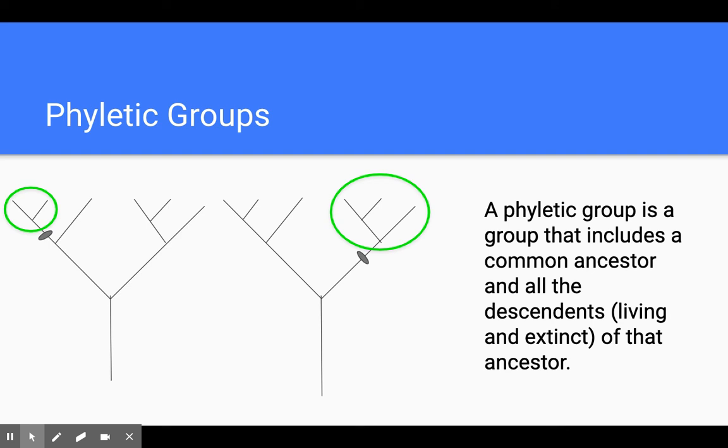I just want you to be aware that this is a thing, but I'm not going to quiz you on it, okay? I want you to be able to look at phylogenetic trees and talk to me about the characteristics. I want you to be able to build a phylogenetic tree, things like that. I don't really care so much about the phyletic groups. I'm not going to ask you about that because it does get kind of confusing.